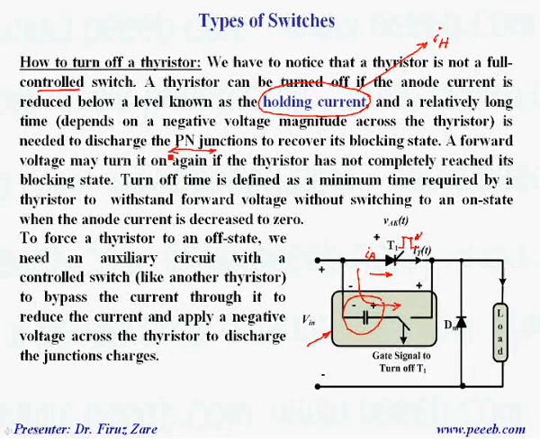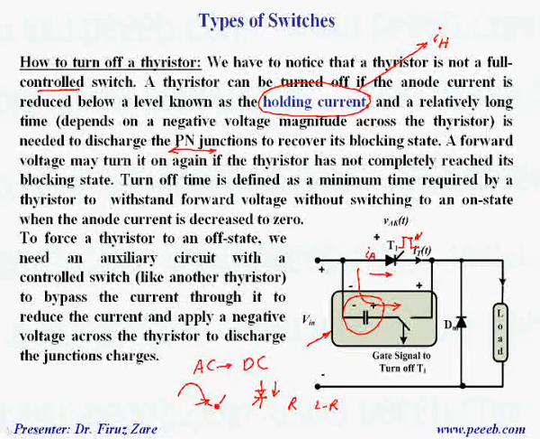The other point is that in some AC-DC converters, because the line voltage is AC, and we use thyristors, the line voltage gets negative in the second half cycle, so the current through the thyristor may be decreased, especially when we have a resistive load or an inductive resistive load.